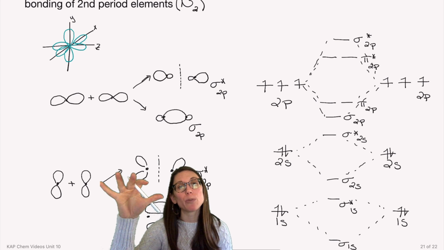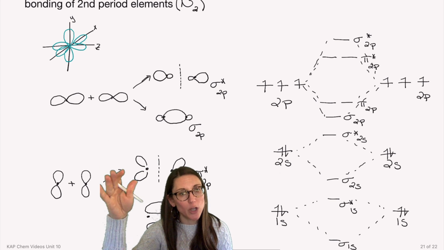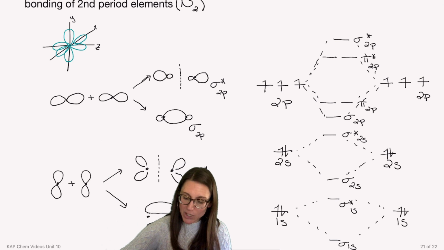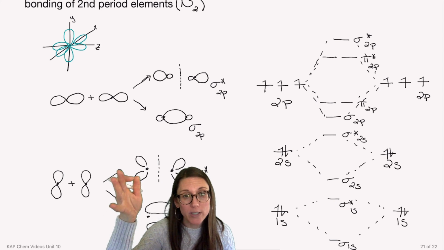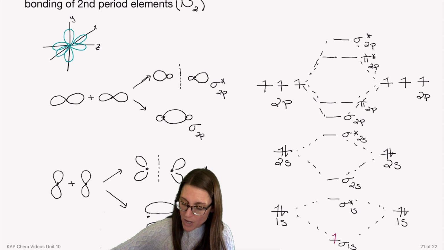I have an equal number of molecular orbitals coming out as I had going in. Let's put our electrons in. I'm changing color so we can see them. I have a total of 2, 4, 5, 6, 7 electrons from each atom, total of 14 electrons. Here we go. 1, 2, 3, 4.